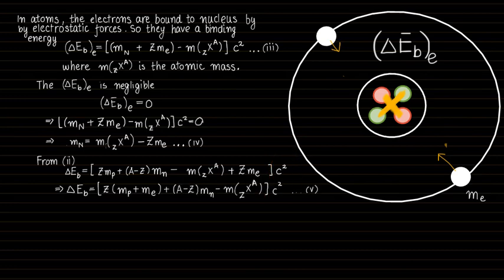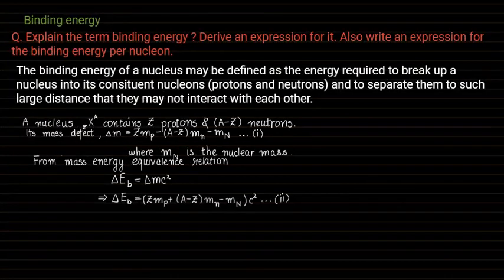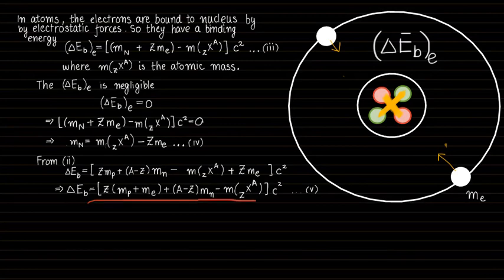Fine. So this is the expression for the binding energy of the nucleons inside the nucleus. Here you have expressed this binding energy in terms of the mass of the proton, mass of the electron, mass of the neutrons, and atomic mass. We could have used this expression also, and we can use this expression also.